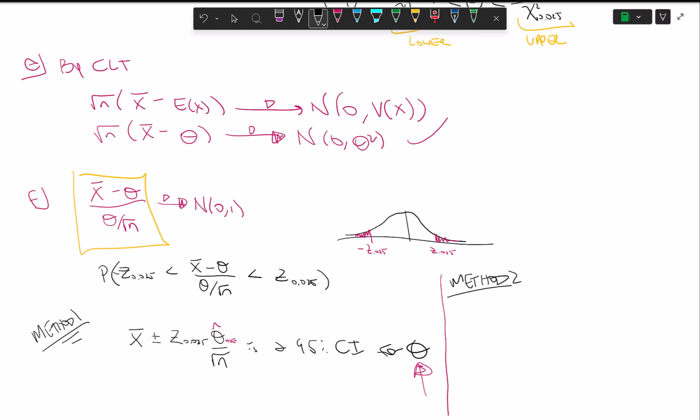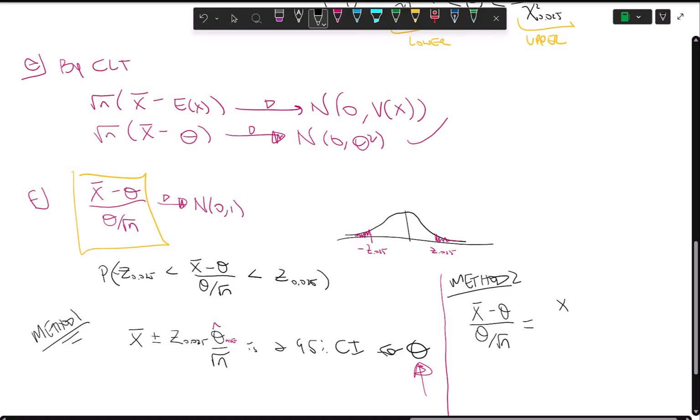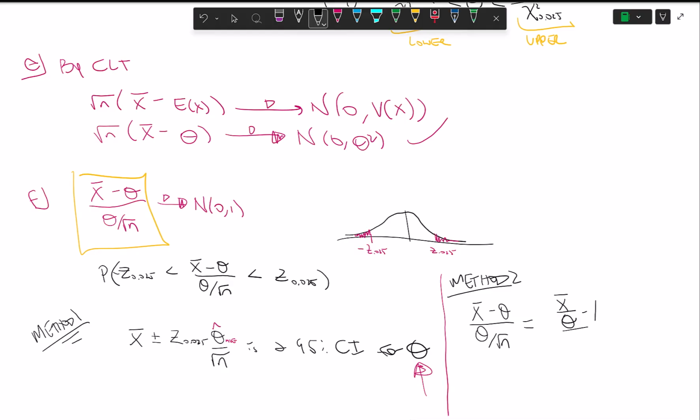Method two is where you say x bar minus theta over radical n, you can express that with some algebra as x bar over theta minus 1 over radical n.